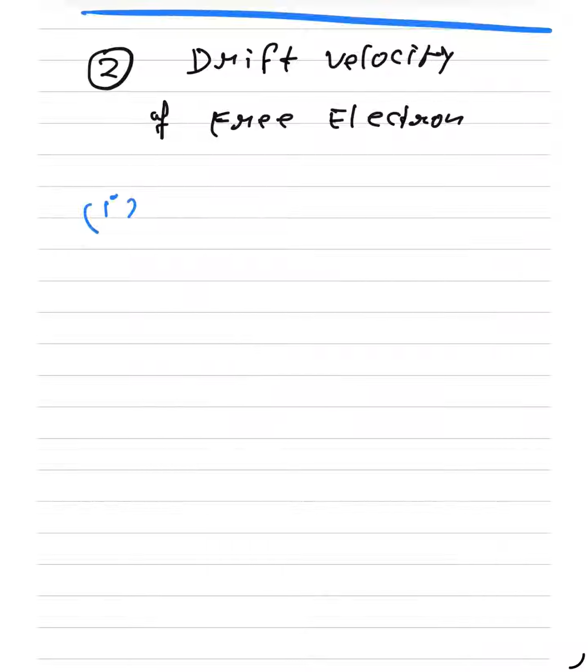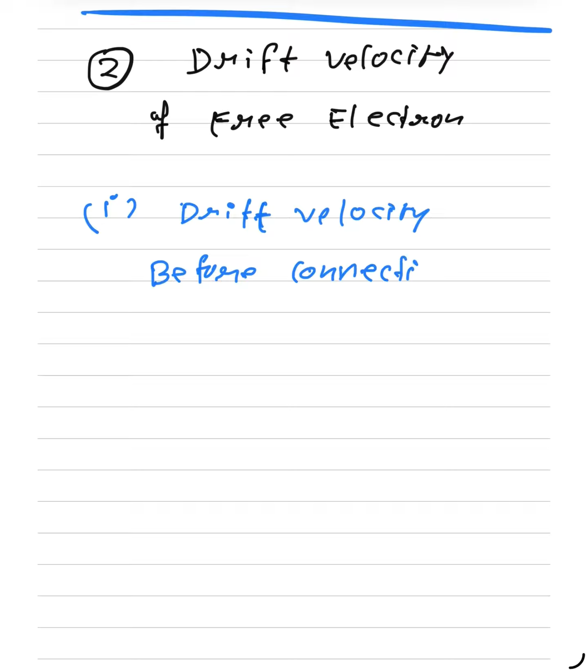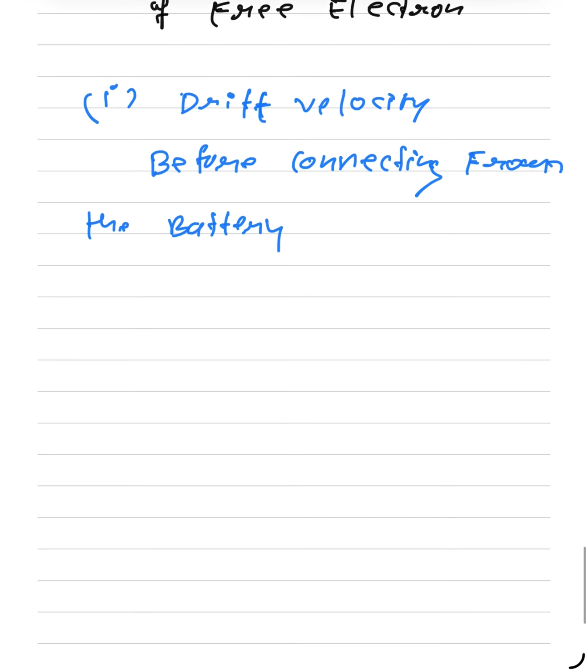Initially, before connecting the conductor to the battery, right.